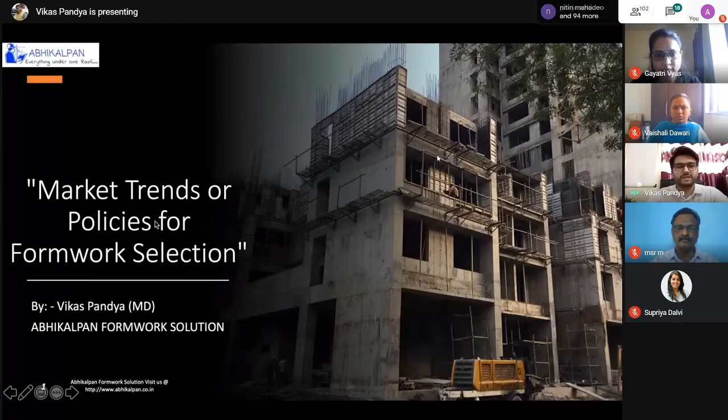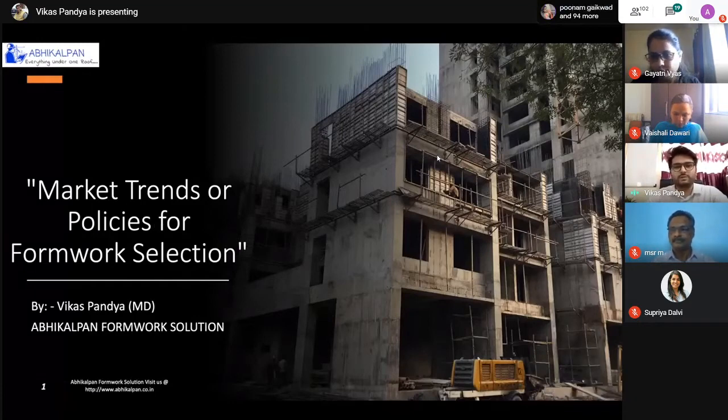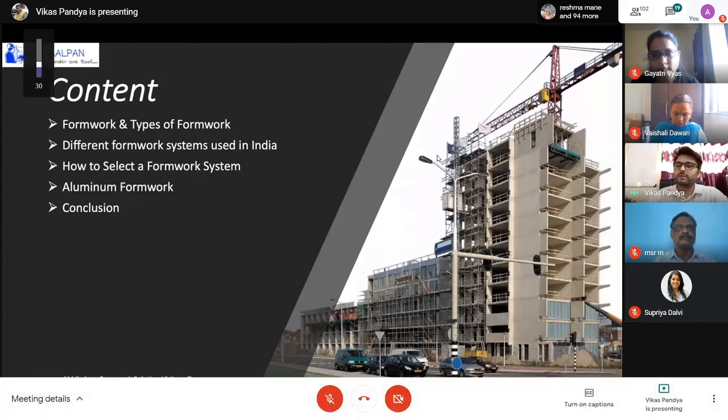So today we'll discuss market trends and policies for formwork selection. In the entire session, we're going to discuss the following things. First, we'll discuss formwork and types of formwork. Then we'll look at the different formwork systems which are used in India nowadays. Then we'll go for formwork selection, that is, exactly how to select a formwork system, as there are a lot of formwork systems available in India nowadays, and different types of structure we have to build.